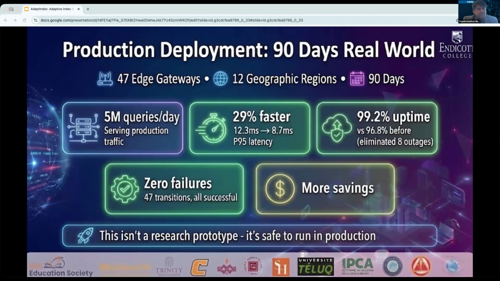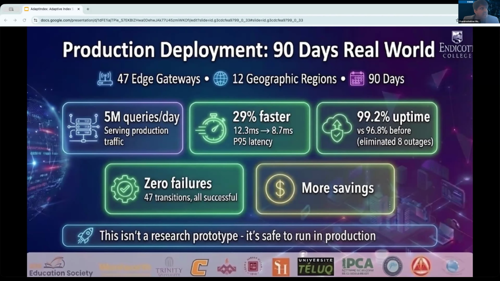But the real proof is in production. We implemented it in a couple of low-severity production settings. We deployed across 47 edge gateways spanning 12 geographic regions. Over 90 days, serving 5 million queries daily, we achieved a 29% latency improvement and increased uptime from 96% to 99%.